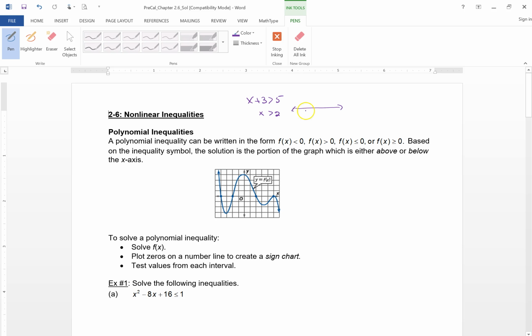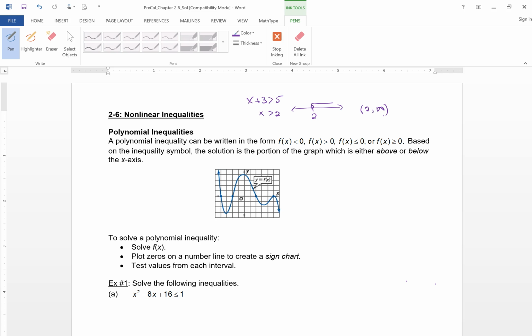We plot this on a number line. Because it's greater than, not greater than or equal to, it gets an open circle, and we have this region, and the answer then, the solution, is given as an interval, and starting this year, we're writing that in interval form.